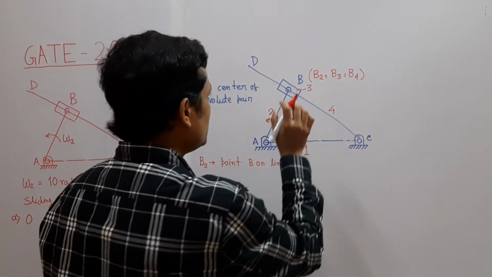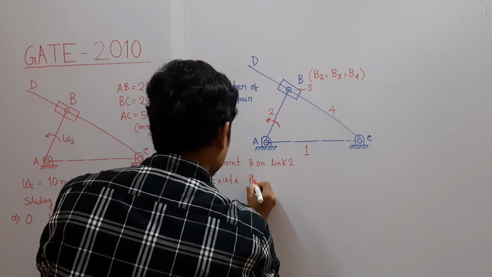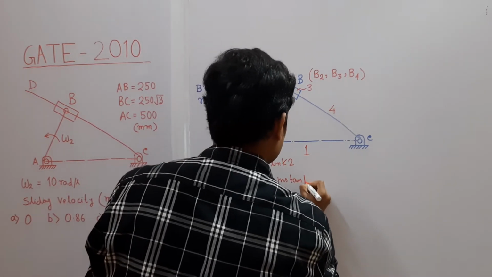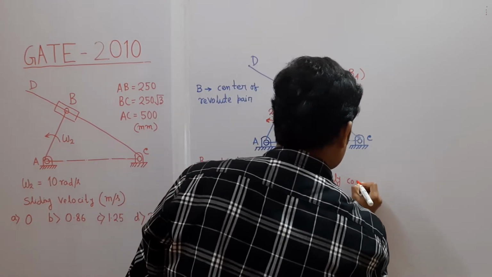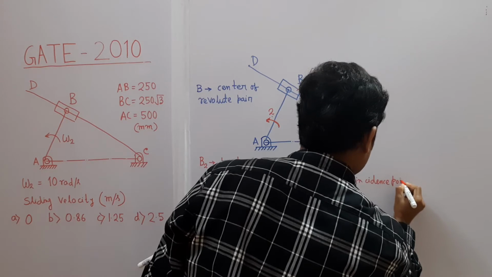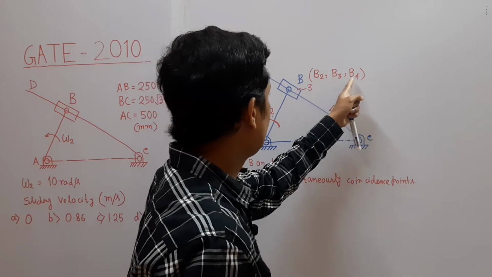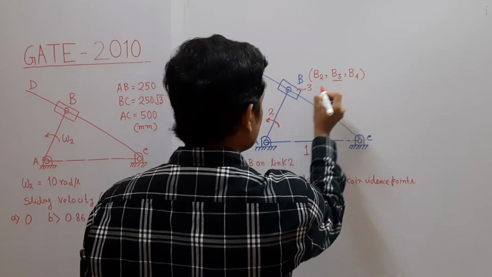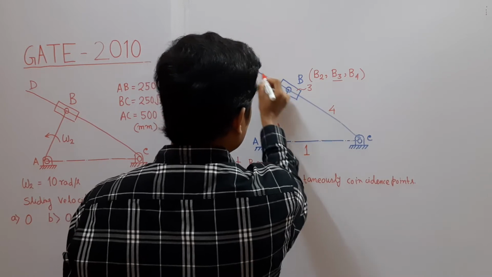So here exist 3 instantaneously coincident points. So the 3 instantaneously coincident points are B2, B3, B4. B2 is point on link number 2, B3 is point on link number 3, and B4 is point B on link number 4.